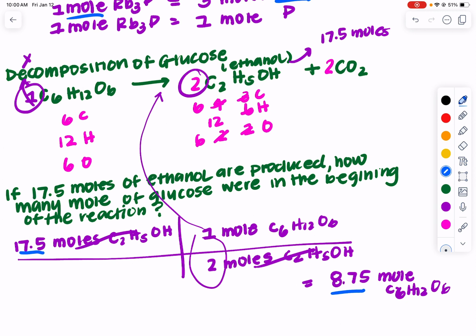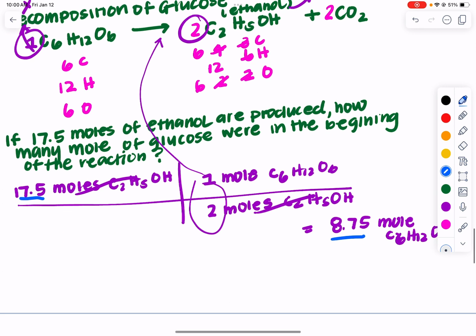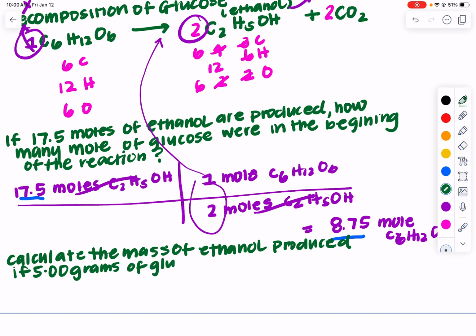Now we can go one step further with this, and this will be my last example. Instead of calculating the number of moles, we can go an extra step and say, let's calculate the mass of ethanol produced if 5.00 grams of glucose decomposes.